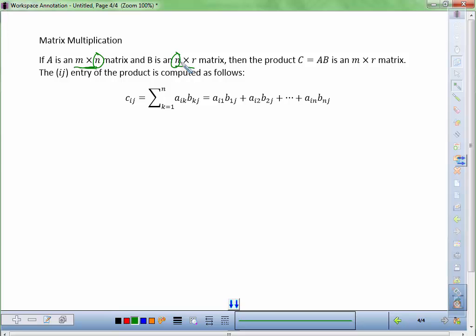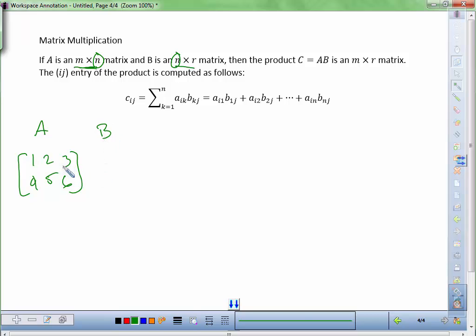So let's see if I can just come up with a quick example of this. Let's say this is your matrix A. Your A has 1, 2, 3, 4, 5, 6. It has two rows and 3 columns. So how many rows does my next matrix have to have?